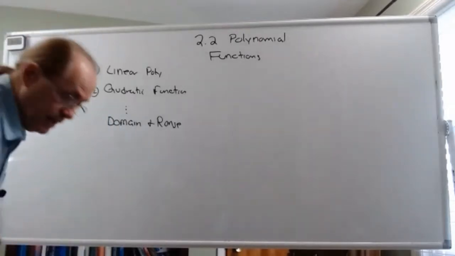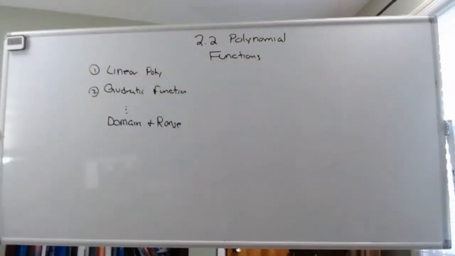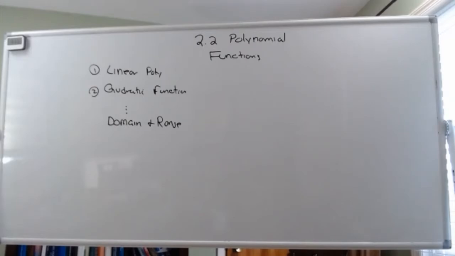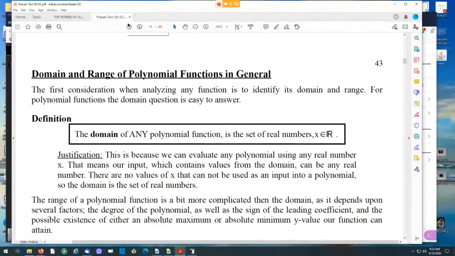Okay, so let's go to the textbook. I'm going to just share my screen. We'll work it through there. So here's the textbook, and here's the domain and range of polynomial functions in general. This is on page 43 in the text. Now, this is true for any polynomial function.